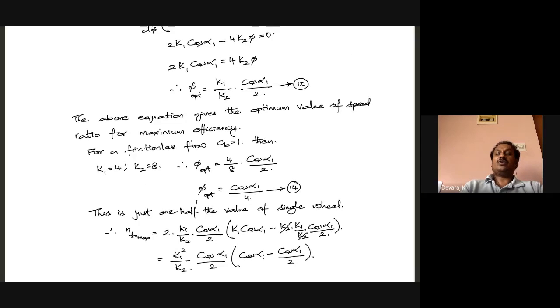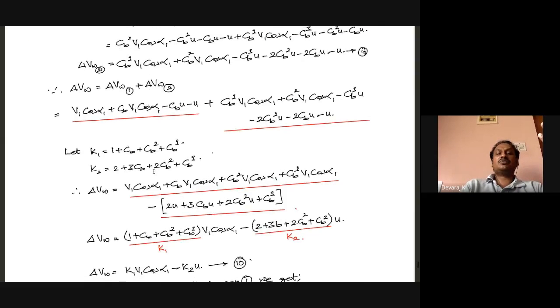Or if I go for an ideal condition, that is no friction, that is your CB equal to 1, what will happen to K1? If you look at all those terms, it is 1 plus 1 plus 1 square plus 1 cube, so K1 will be 1 plus 1 plus 1 plus 1, that is 4.